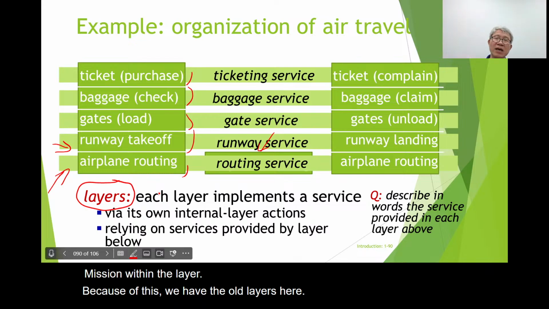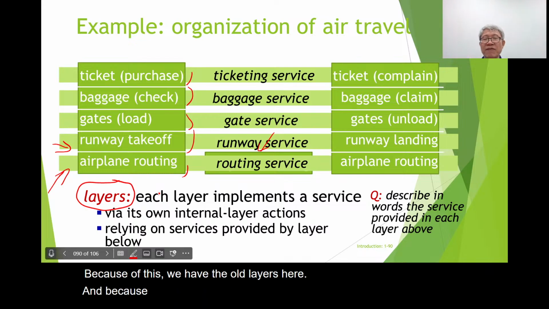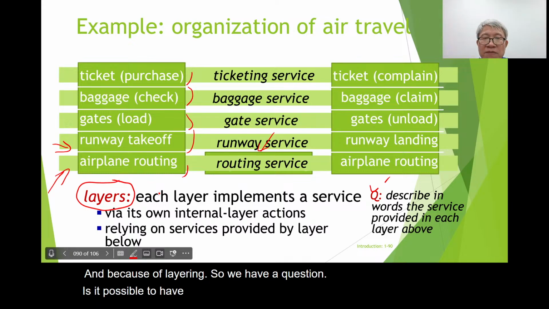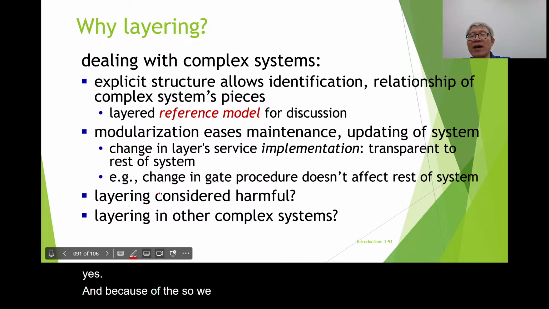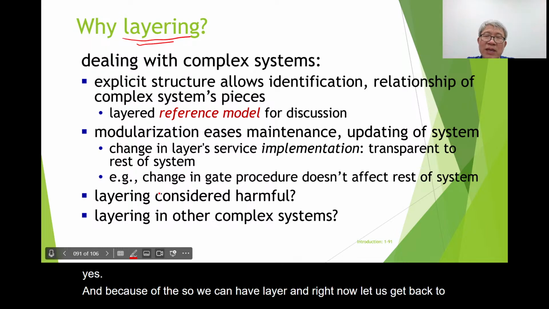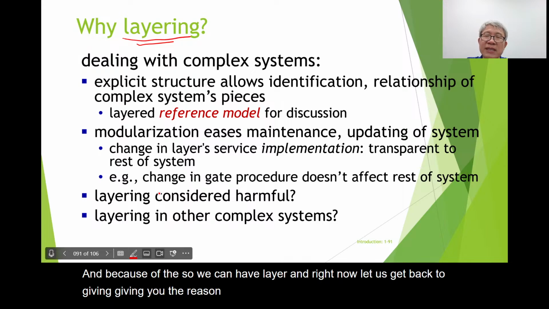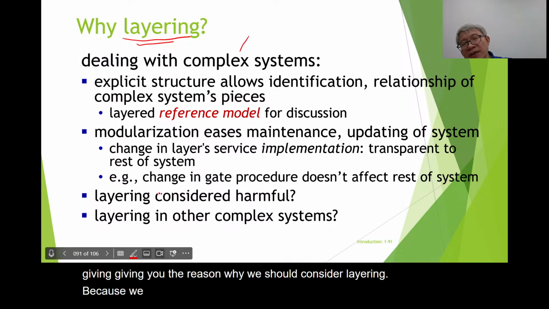And because of the layering, we have a question. Is it possible to have a similar arrangement for the network? The answer is yes. And because of this, we can have layers. And right now, let us get back to giving you the reason why we should consider layering. Because we want to deal with complex networks or complex systems.